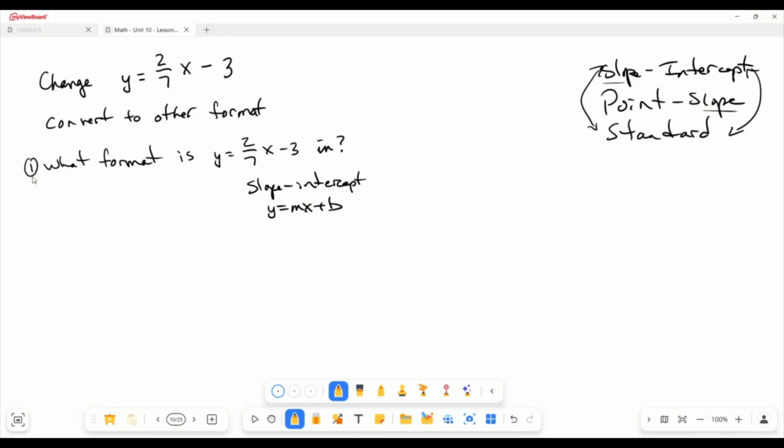Well, the answer to question one, no. The only format that is in slope intercept. Now, the next question is, what are we going to change it into? So that's when you would say standard form. Correct.